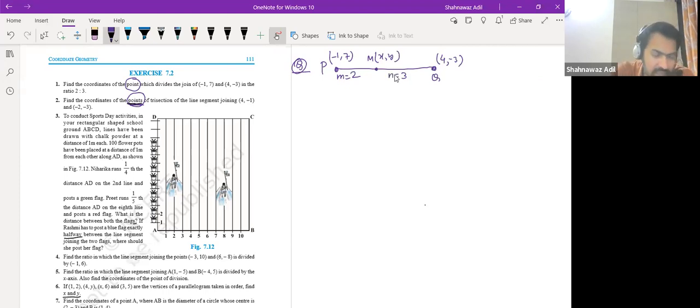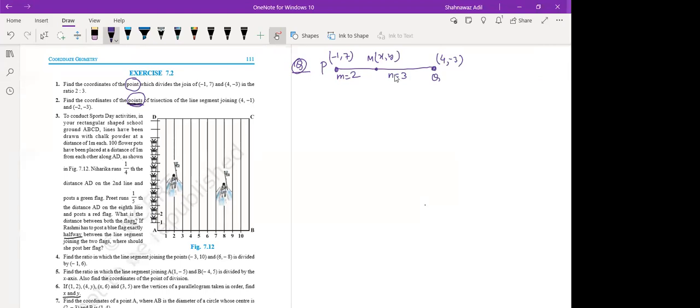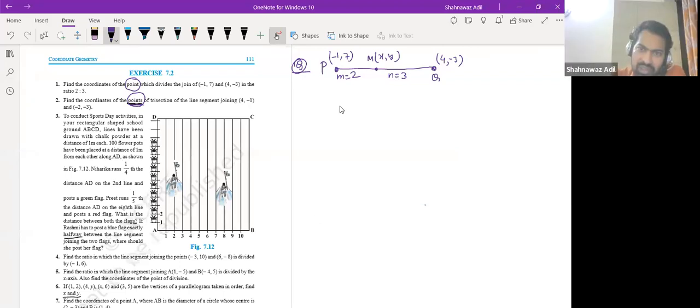Is this part clear, Rifa? Yes. Now everything is given, and we have to find the coordinates of that point which divides this line into this ratio.